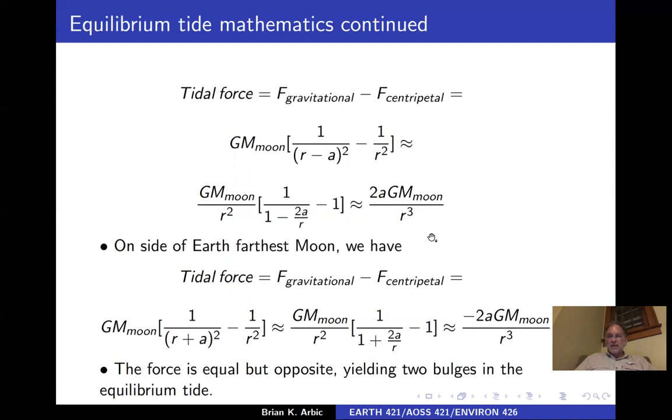So note that the force goes like 1 over r cubed. So this is something that is very interesting. You might call it the raw gravitational force of the tides. Sorry, the raw gravitational force of the moon on points on Earth goes like 1 over r squared.